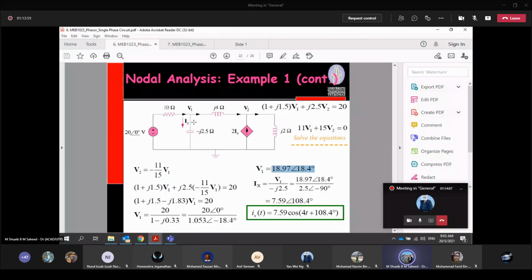So to answer my question just now, P equals VI, what should be the value? 18.97 multiplied with 7.59. Okay, what to do with 18.4 and 108.4? We add it together.